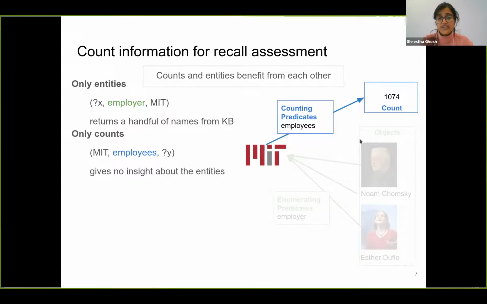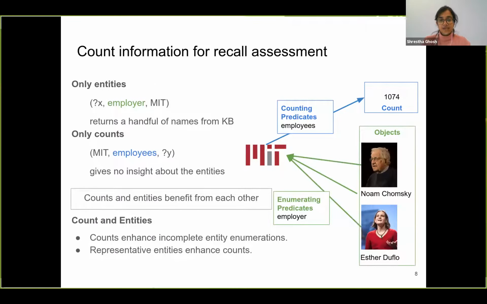But we know that MIT now has 1,074 employees. However, if we can align these 2 predicates, that employees are related to the predicate employer, then if we talk about employees of an institution, we can not only talk about how many they are in number, but also give representative entities which represent the count in the knowledge base.